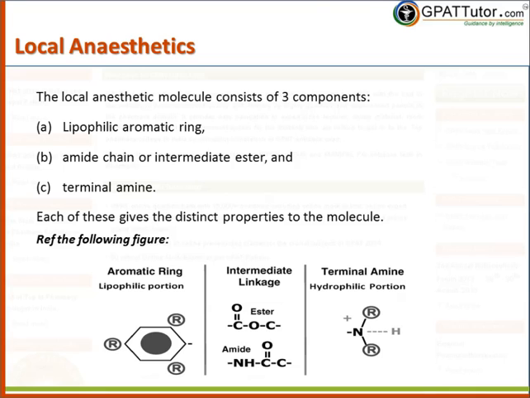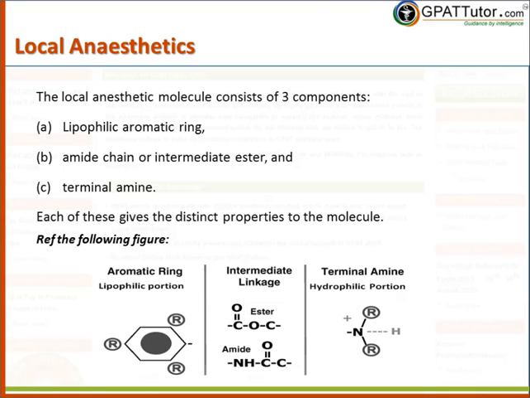The terminal amine usually provides the hydrophilic portion. The intermediate linkage makes the compound long-acting or short-acting. The aromatic ring provides tissue penetration for effective absorption. The hydrophilic portion allows the molecule to form a salt.